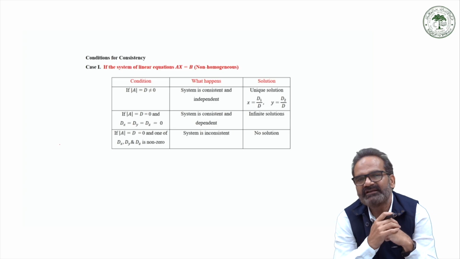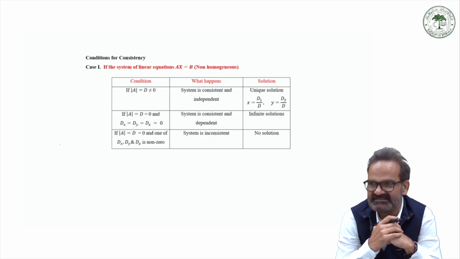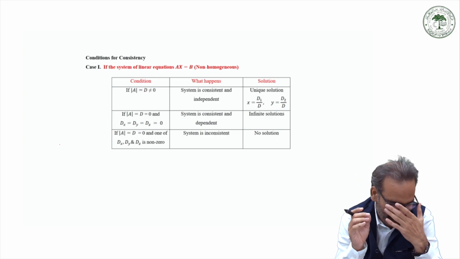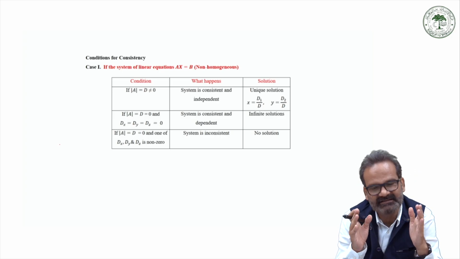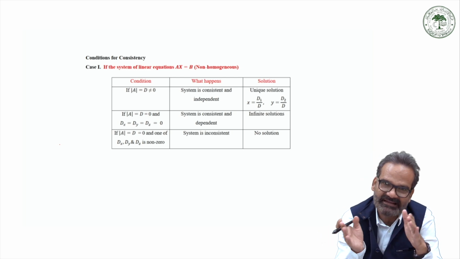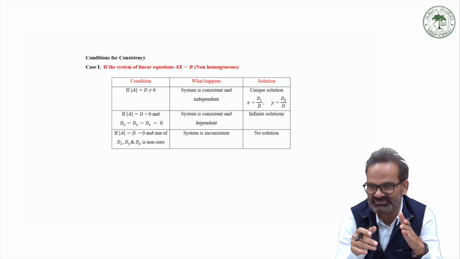Now, before proceeding further, let us discuss the conditions for consistency. Consistency means, I have told you in the very beginning, whenever we have a system of equations, it may be consistent or it may be inconsistent. Consistent means it has a solution.